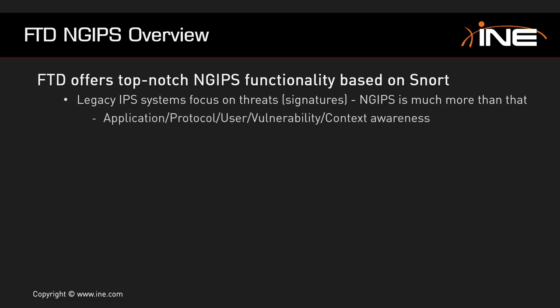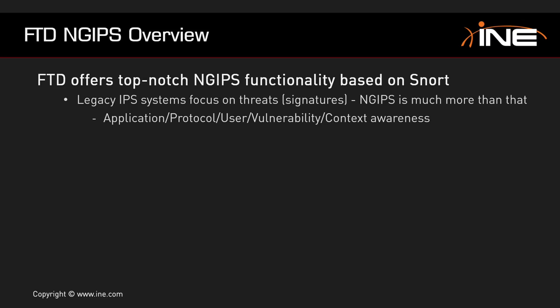With next generation IPS, what is going to change is that we will be not only looking at individual threats, but we will also be capable of performing extensive application level detection. We will be able to detect applications running in the network. We will still be able to do the inspection at the application level, which is going to be much more sophisticated than what you could do with 4200 series devices. We will be able to take the identity information into account.